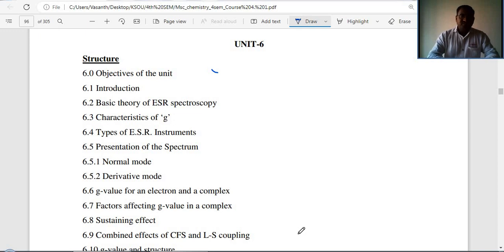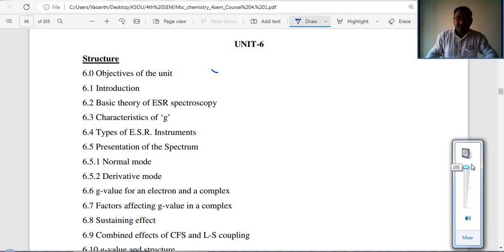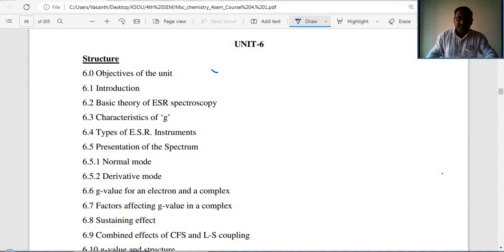In this unit, we have to learn the concept of ESR spectroscopy. ESR means electron spin resonance.